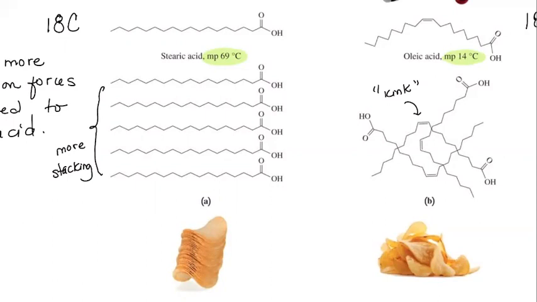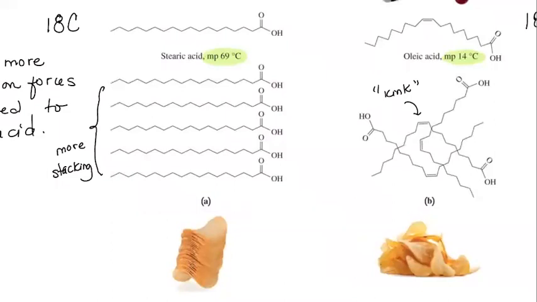So we can utilize the analogy that the stacking ability of unsaturated fatty acids is going to be like Lay's potato chips. It's not that they cannot stack, it's that they cannot stack as well or as high.